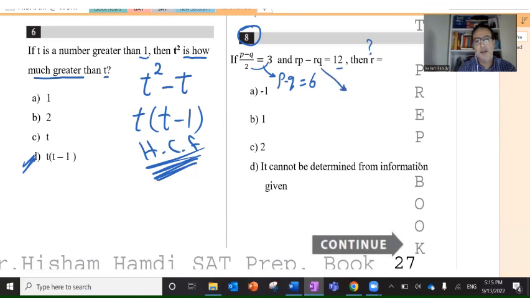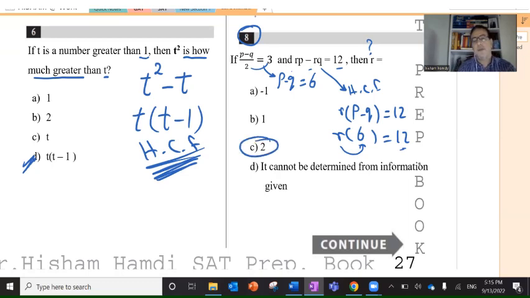And look carefully here, highest common factor, which is equal to r. So it's r times p minus q equal to 12. And we already figured out that p minus q is 6. So what is the number that multiplied by 6 gives me 12? It's 2.